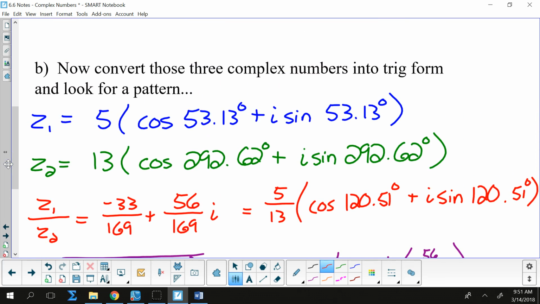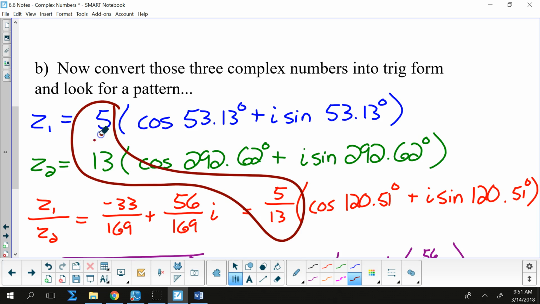Patterns, do they exist? The r is just the r in the first one divided by the r in the second. Yes? Second pattern, does it exist?